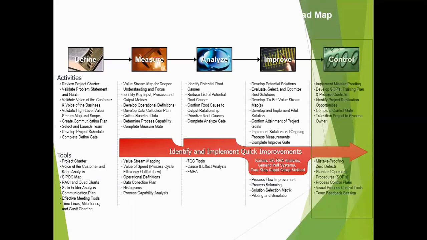So let me just give you a recap. In the project charter, first thing is we had the VOC from the customer. We converted them into critical quality measures, right? So we identified the key metric that is a key problem from the customer.